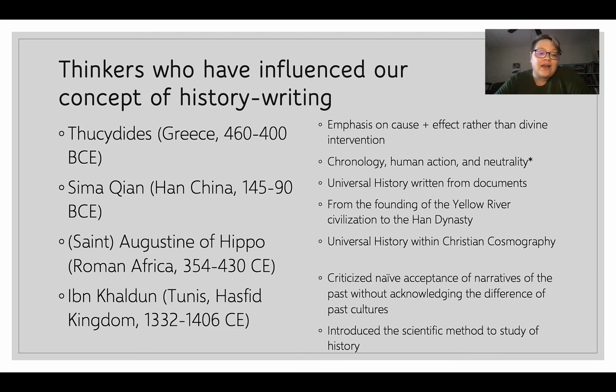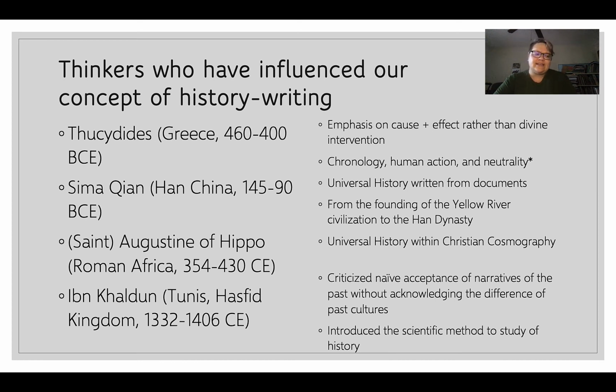And Ibn Khaldun. He actually reversed a lot of what Augustine did. Augustine really heavily influenced the Middle Ages and the understanding of the world in a very Christian paradigm. And Ibn Khaldun criticized the acceptance of narratives that don't include an acknowledgement of our distance from the past, right?